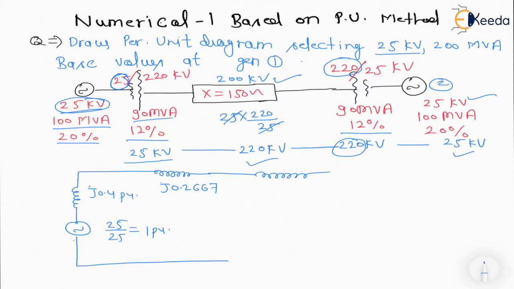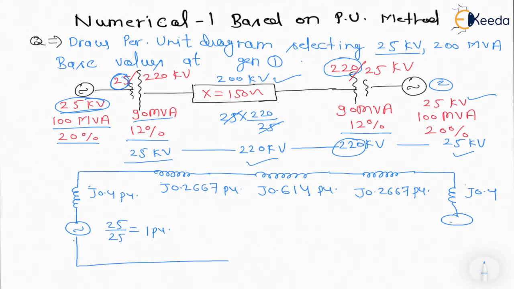Then for the transmission line we calculated j0.614 per unit, for the second transformer the same j0.2667 per unit, and for generator number 2, j0.4 with a voltage of 1 pu, 25 upon 25. So this is the per unit reactance diagram for this single line diagram.